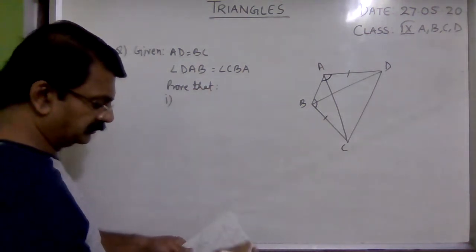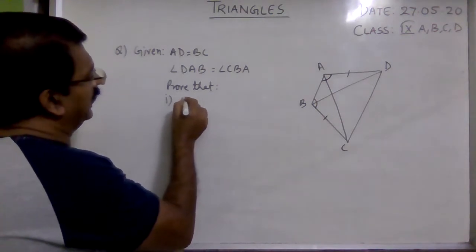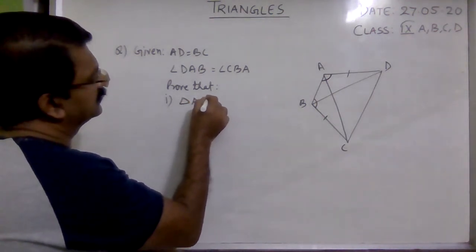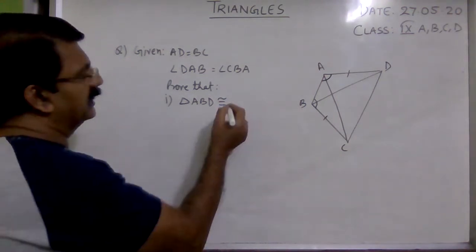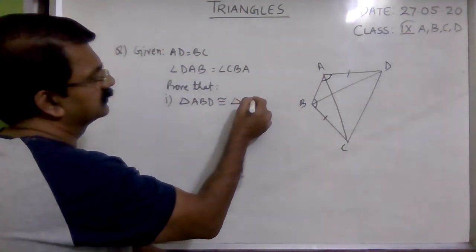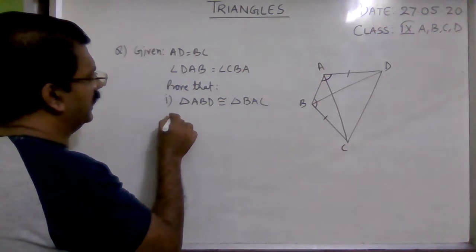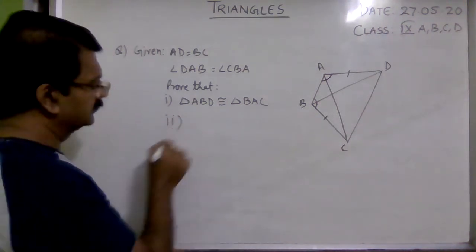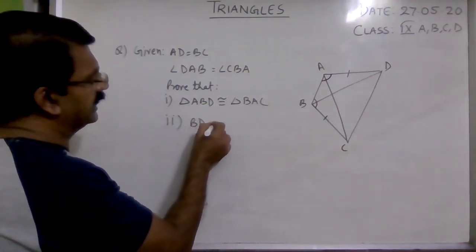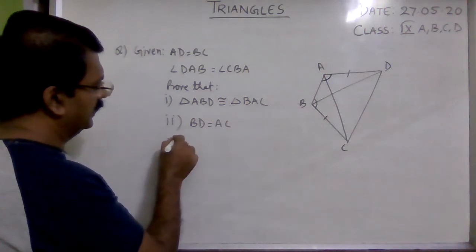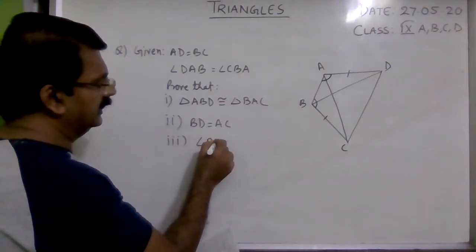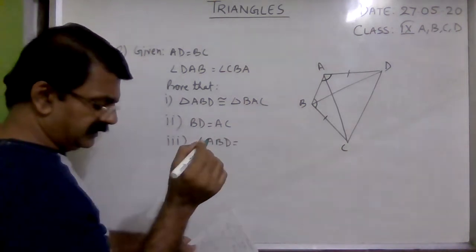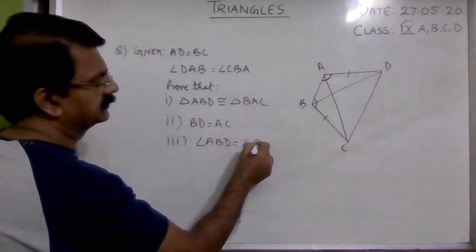First part, triangle ABD is congruent to triangle BAC. Second part, BD is equal to AC. Third part, angle ABD is equal to angle BAC.